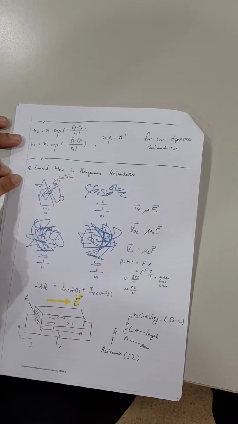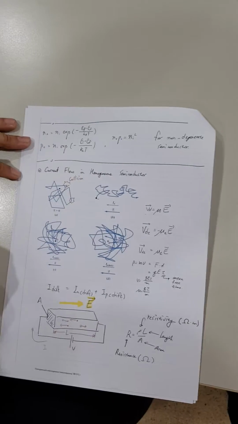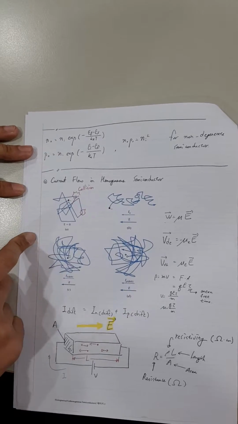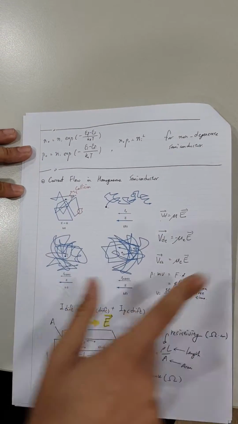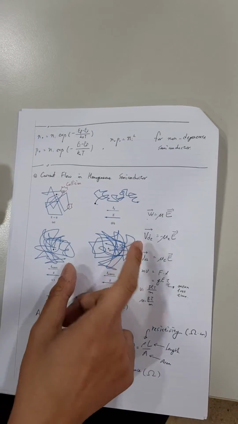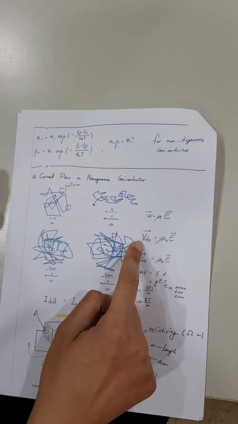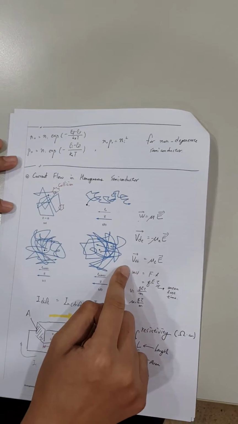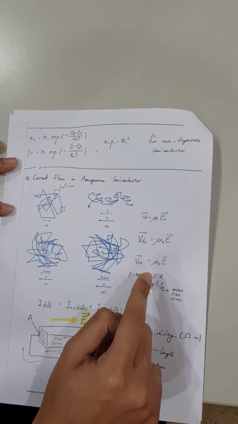And next we have learned about current flow in homogeneous semiconductors. What you have to focus on in this page is this equation, and this is the equation for drift velocity for electron, and this is drift velocity for hole.